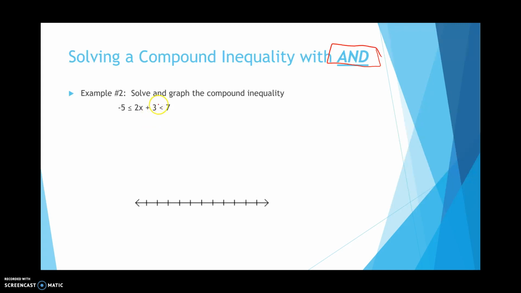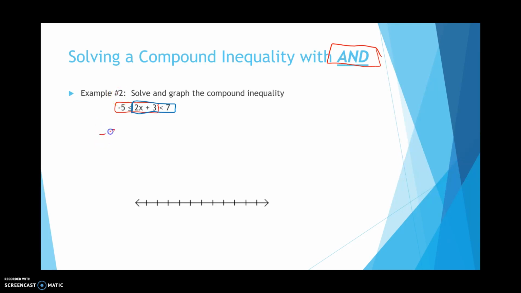The way I solve this is I'm first going to solve -5 is less than or equal to 2x plus 3, and then I'll solve 2x plus 3 is less than 7. I'm going to solve it in two separate situations, and then you'll watch how it all graphs and comes together.